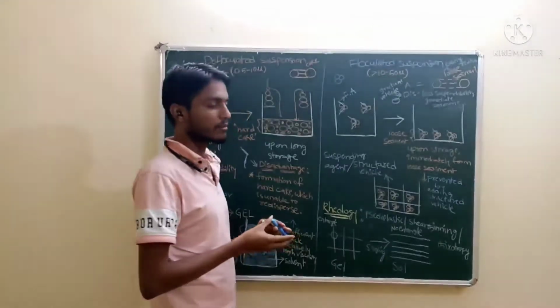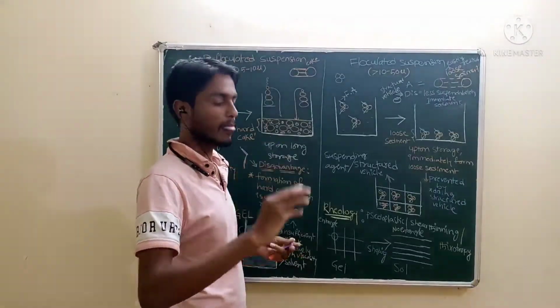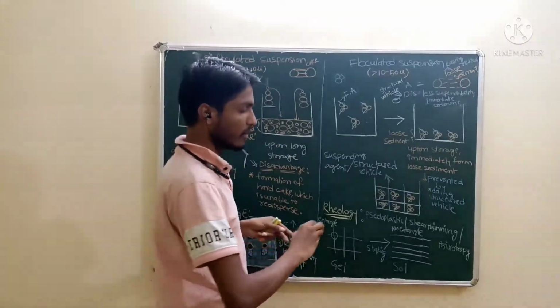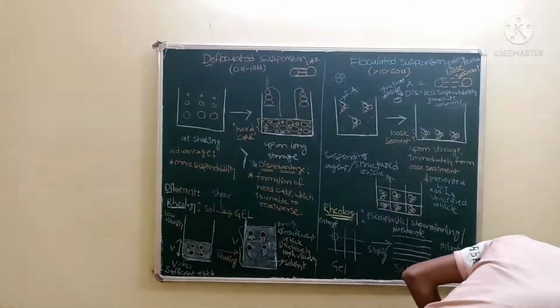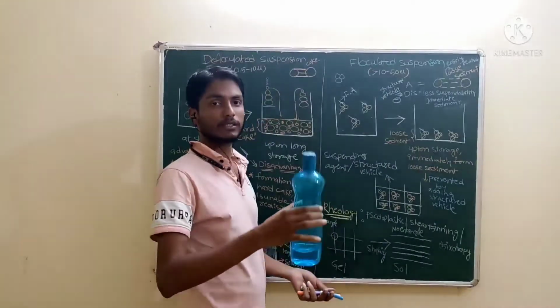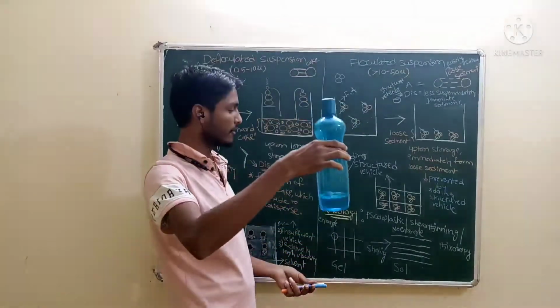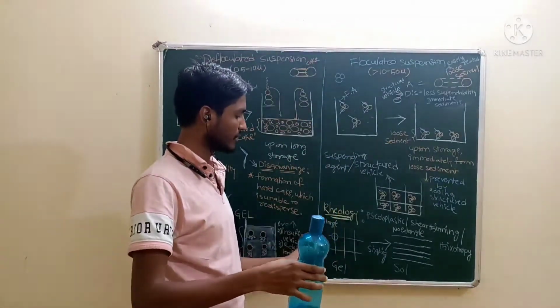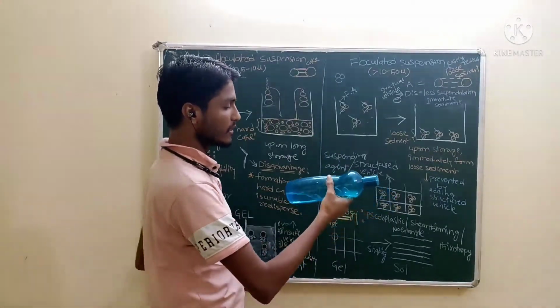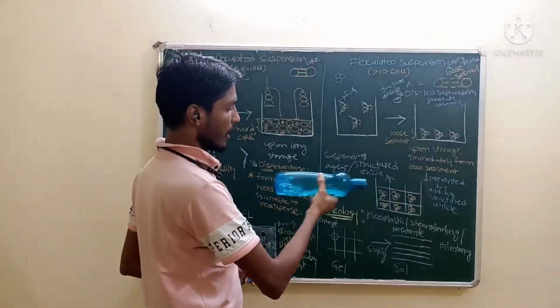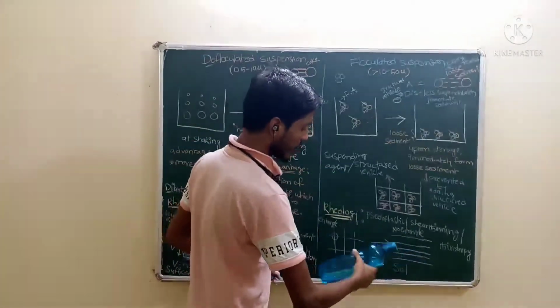You can consider this a water bottle. I have taken the water bottle, and it has this kind of gel form, meaning all the polymers are entangled in it. When I turn this and shake it, what happens?